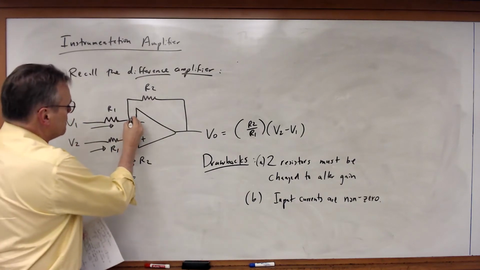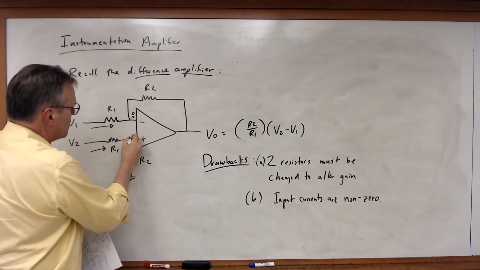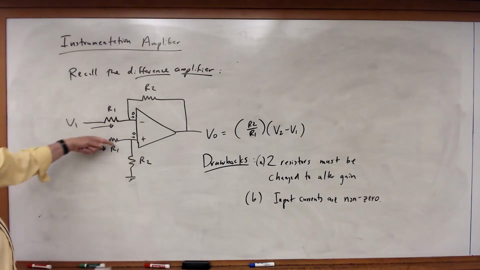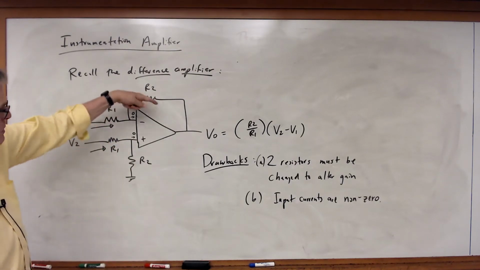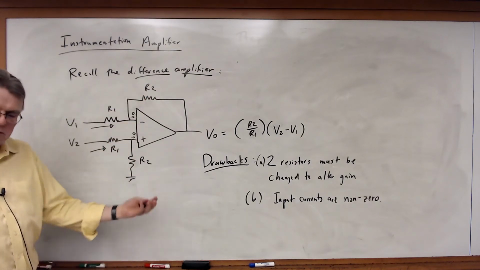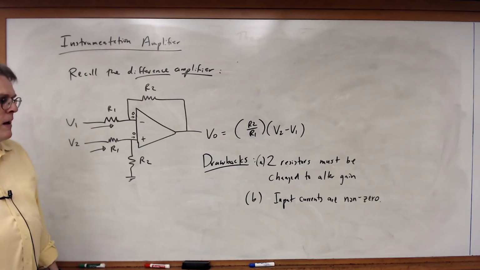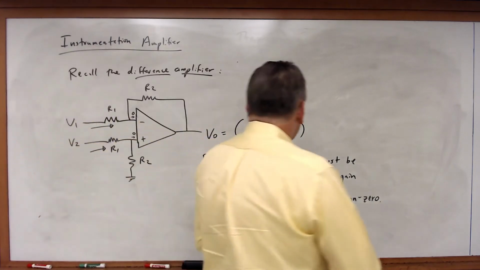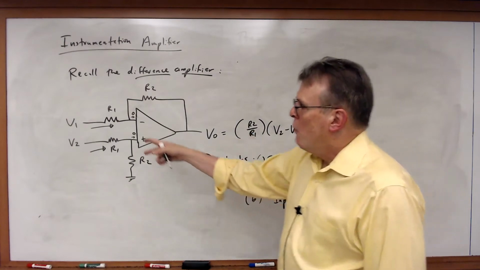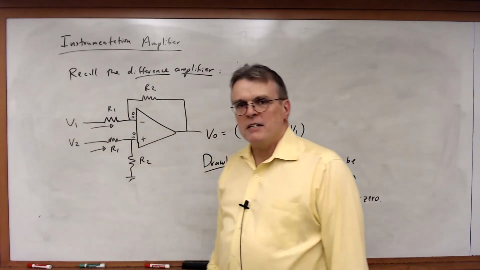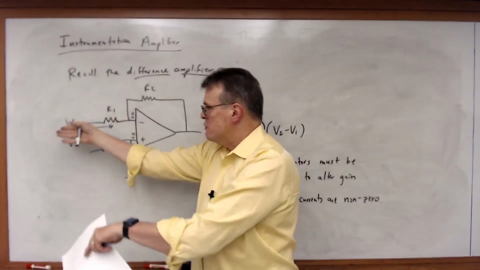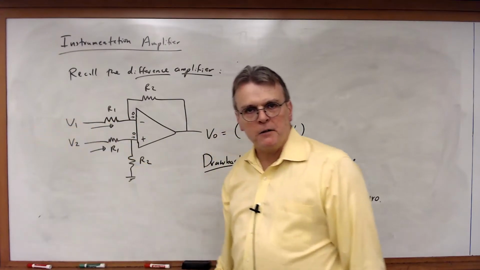Those, of course, are zero, right? These two currents going into the input of the op amp. But the current flowing through these resistors is going to be non-zero. You can prove that with KCL. What that means is the difference amplifier will load anything it's connected to. You have a loading effect because it draws current from any circuit you connect it to.